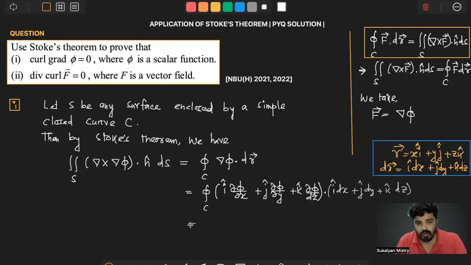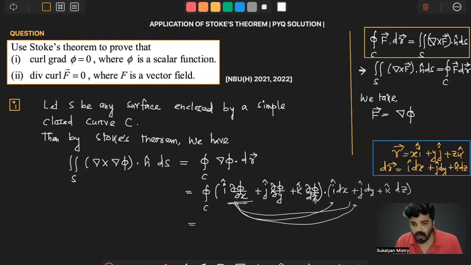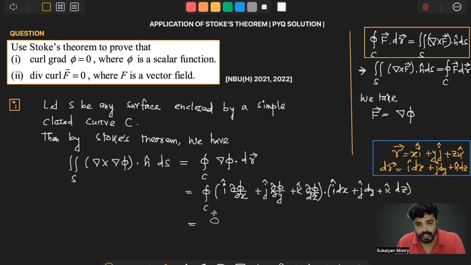I dot i is 1, so del phi del x dot dx, i dot j is 0. তাহলে আলটিমেটলি কি হবে? জাস্ট এটার সঙ্গে এটা ডট প্রোডাক্ট, এটার সঙ্গে এটা ডট প্রোডাক্ট হবে, ঠিক? কারণ all others i dot j, i dot k, that are all 0. Getting my point? Clear? So that equal to integration over C. So what we get? Del phi del x into dx plus del phi del y into dy plus del phi del z into dz.